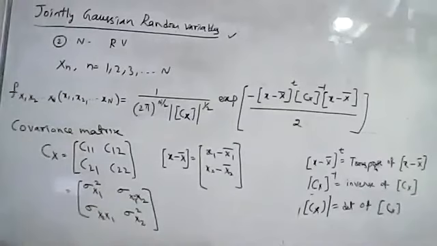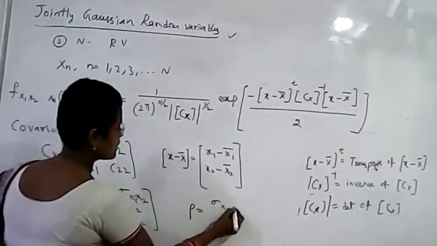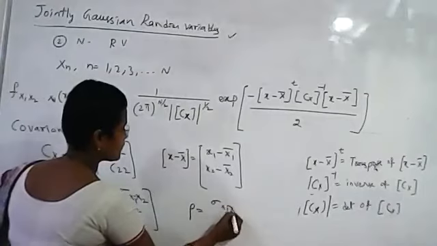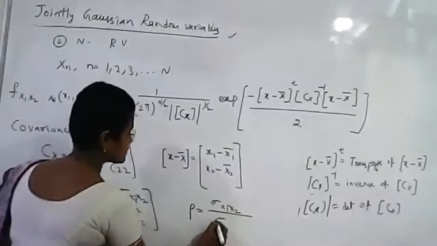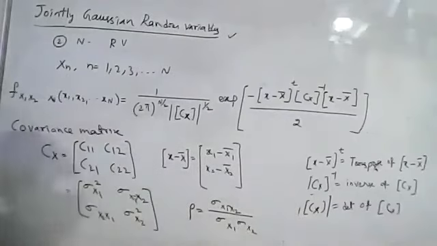Okay. Now we also know what rho is. Rho is equal to sigma x1x2 by sigma x1 into sigma x2. Now sigma x1x2 is equal to what?